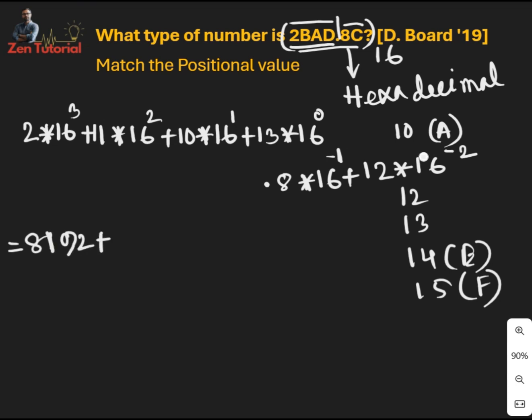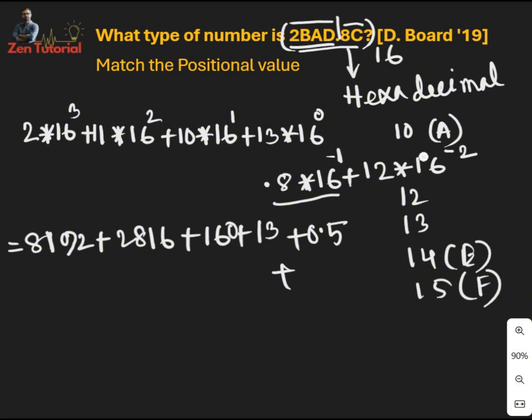8192 plus 2816 plus 160 plus 13 plus 0.5 plus, for this value, we'll get 0.04688.